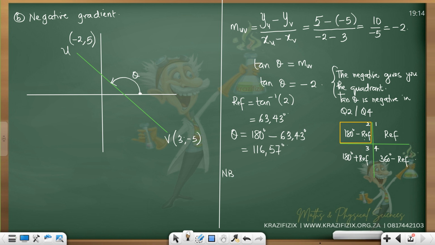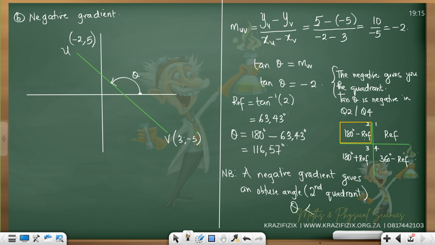Now, nota bene, a negative gradient gives an obtuse angle because we are working in the second what? Quadrant.